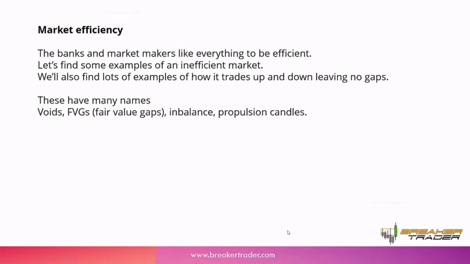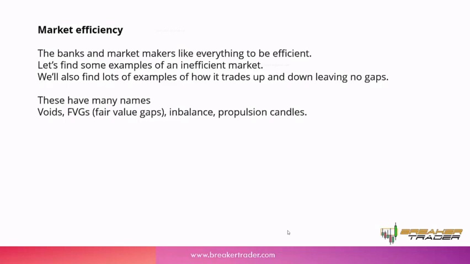There are times in the market where there are inefficiencies created by the volume of orders that the banks and the institutions plough into the market. And these are incredibly powerful levels that we need to look for. So we're going to look at the charts in a second, and we're going to find lots of examples of these and how we can use these as targets for our trades.